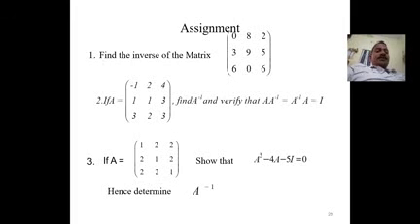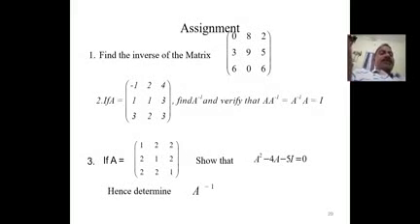Now 5I is equal to A square minus 4A, and you can get it as [5 0 0; 0 5 0; 0 0 5].